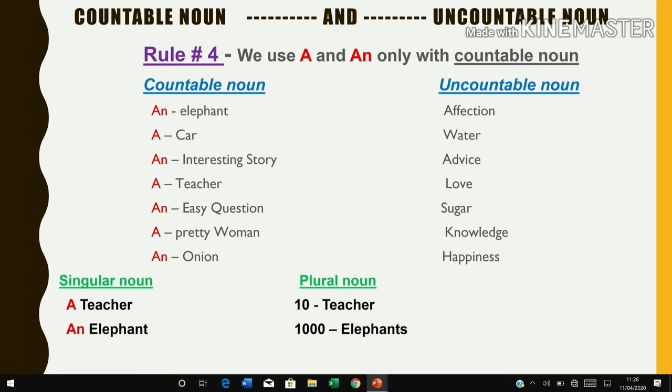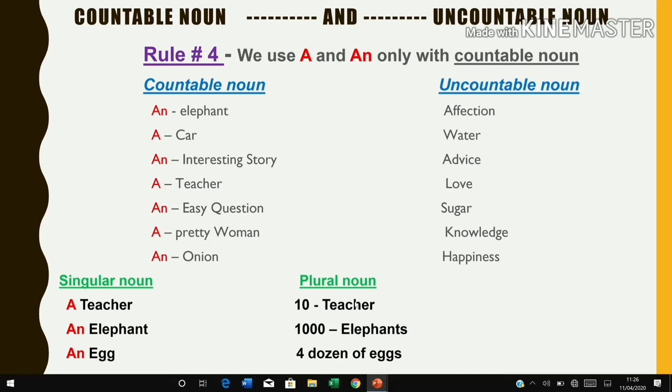Here, the countable noun can be differentiated into singular noun and plural noun. Okay? If we talk about one person or one thing, that is countable and that is a singular noun. For example, one teacher, one water bottle, one light, one room, and so on. It is known as a singular noun. And a plural noun is when we talk about 10 people or 10 things or 2 people or 2 things.